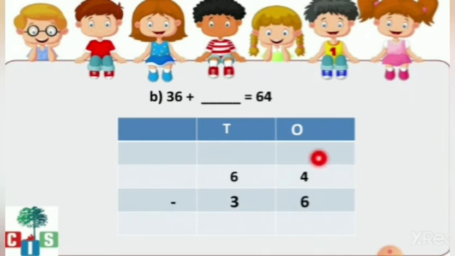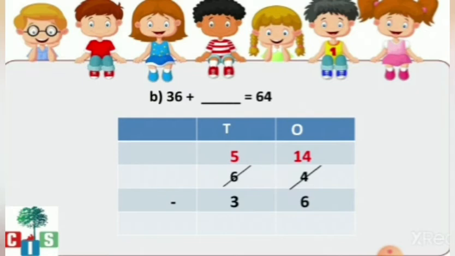So let's move to the tens column. The number is 6. So when we borrow 1 tens, the number will be 5, and in ones column already the number is 4. So when we add 1 tens, the number will be 14. 14 minus 6 can be done.